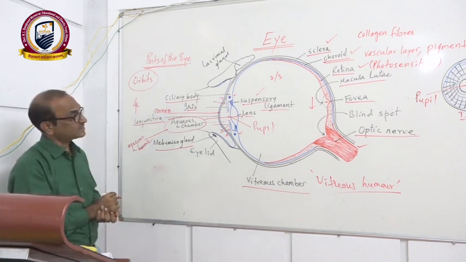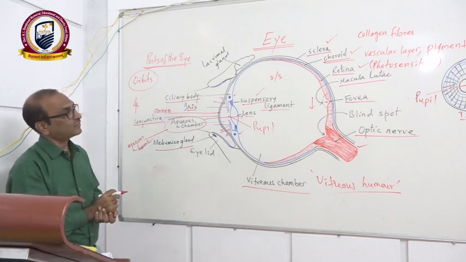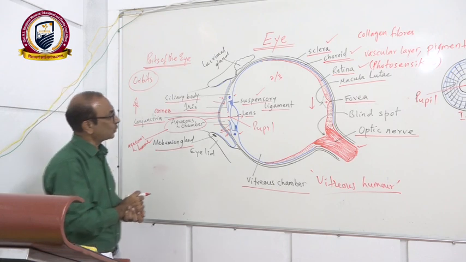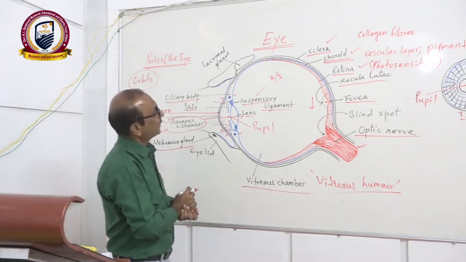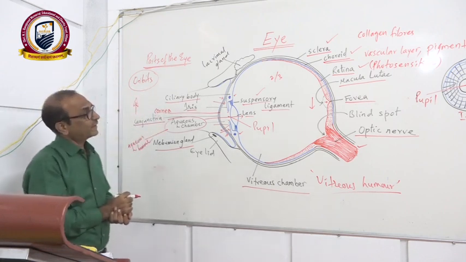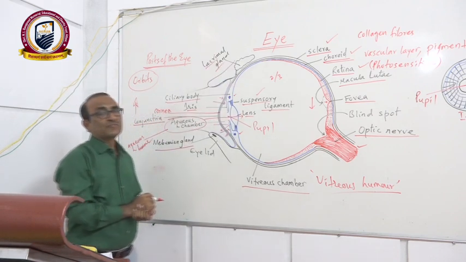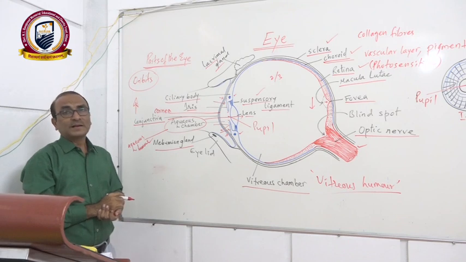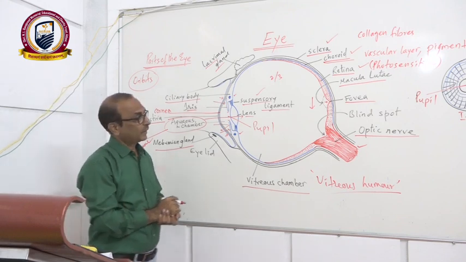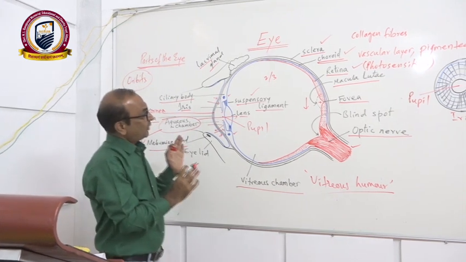And which is always kept shiny and wet because of these two glands. And whenever we are emotionally excited, the lacrimal gland secretes a lot of the liquid that comes out as tears. Okay.